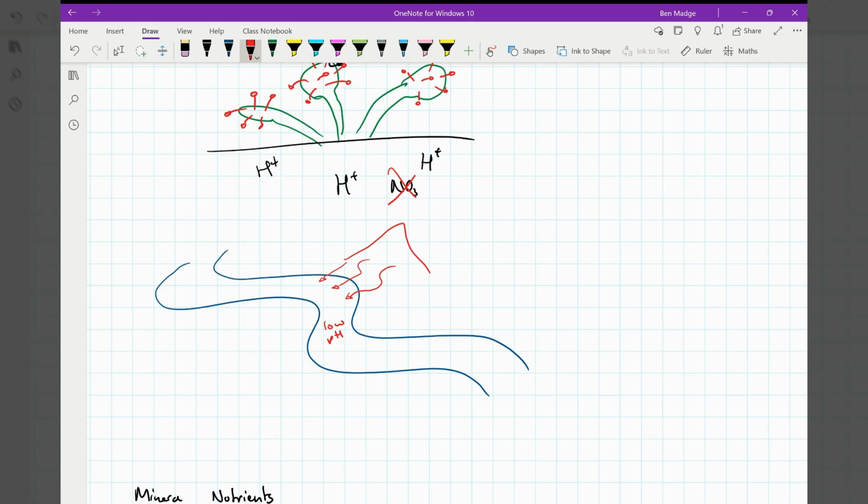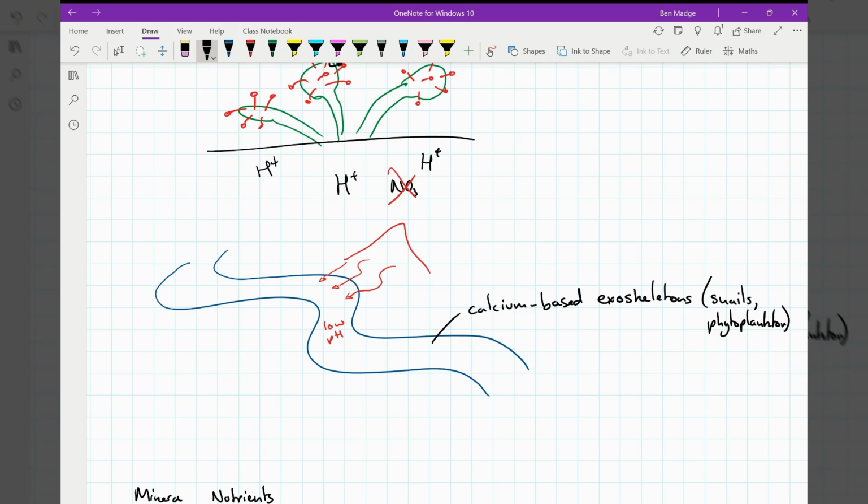Some of the impacts from this might be something like damage to calcium-based exoskeletons. So things like water snails or coccolithophores, which are a type of phytoplankton, have calcium-based exoskeletons, and the low pH, the H+ ions, will cause damage to those.